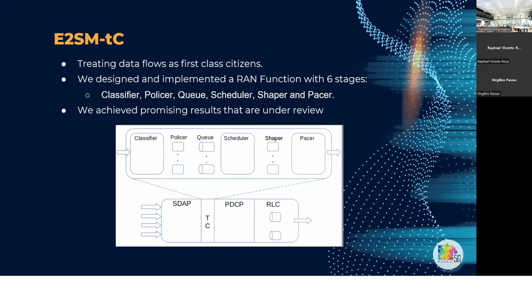Through the service model, the xApp can configure the parameters per flow. This is a service model, E2SM, whose capabilities are exposed to the xApp, which can say, for my flow, I want this type of shaper, this type of pacer.